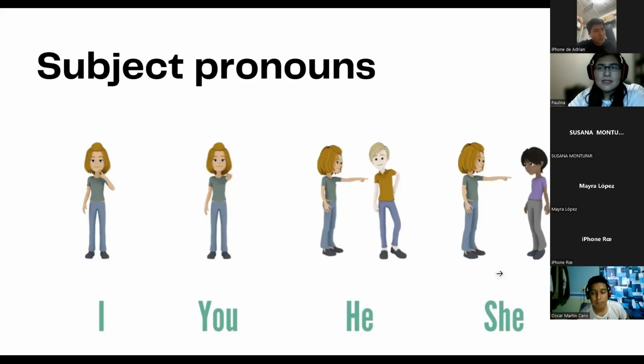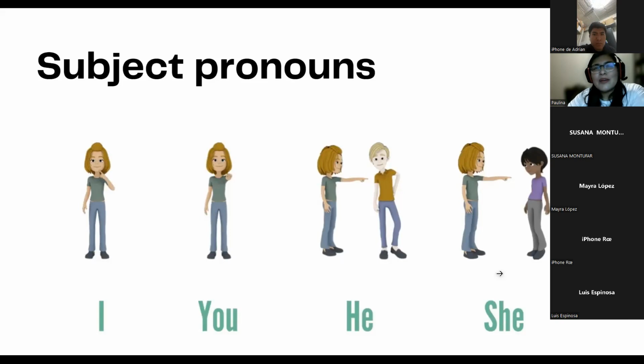For instance, si yo dijera, Oscar tiene una camiseta blanca. Oscar está en un cuarto azul. Oscar tiene audífonos. Oscar está aprendiendo inglés. Como que me canso un poquito de estar repitiendo Oscar, Oscar, Oscar. Entonces, ¿qué es lo que hago? Que yo cambio Oscar por un pronombre.